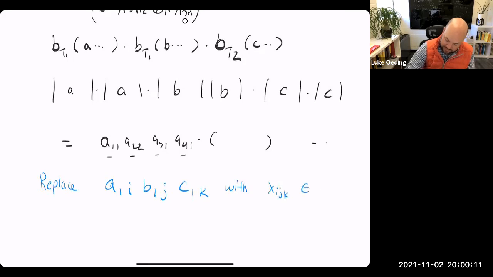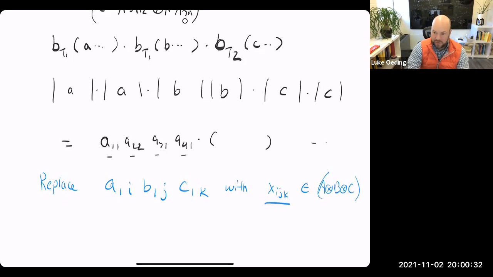So this is in A tensor B tensor C, whereas the other ones were in products and there are extra indices keeping track of which copy of A and which copy of B and which copy of C you took everything from. So every time I see an A1 something, a B1 something, a C1 something, I'll replace it with a single variable like this. And I can do this with the coefficient command, or I can do this with the differentiation, but you have to pay attention to coefficients.